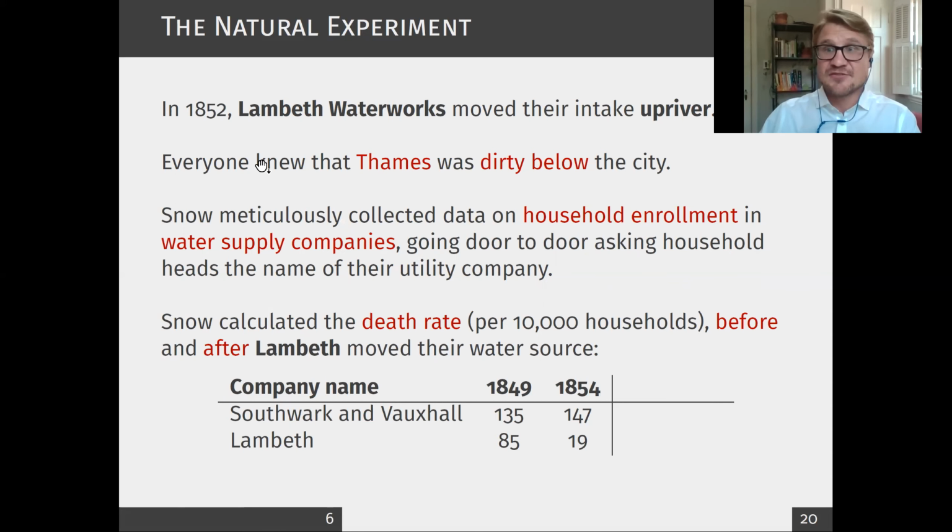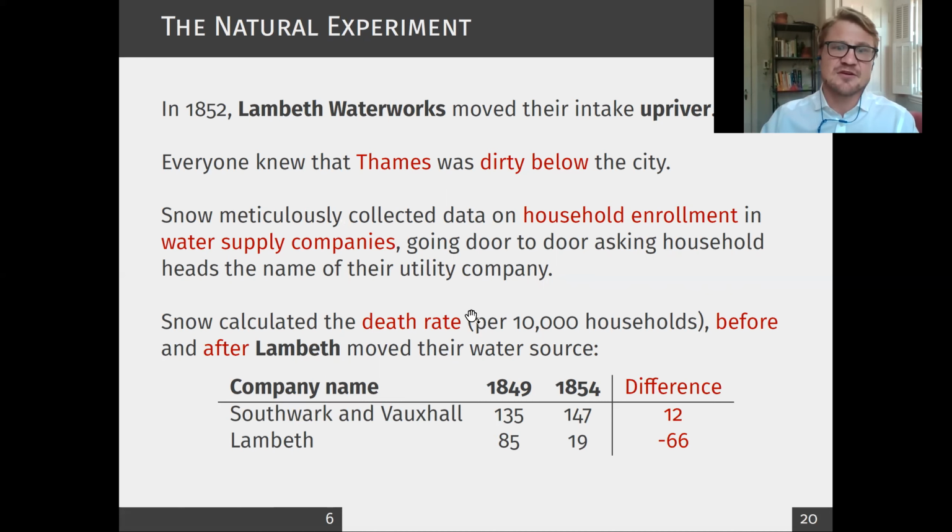And so what Snow did is he went around all of London, especially focused on areas where there's potentially every single household, and he looked at what the source of water was. Did they get their water from Lambeth or from Southwark? And then he looked at the death rates in 1849, the first cholera outbreak, and 1854, the second cholera outbreak, when Lambeth had now moved upstream.